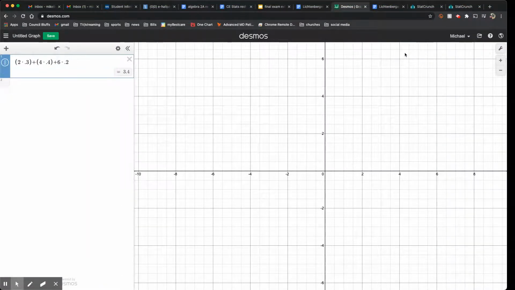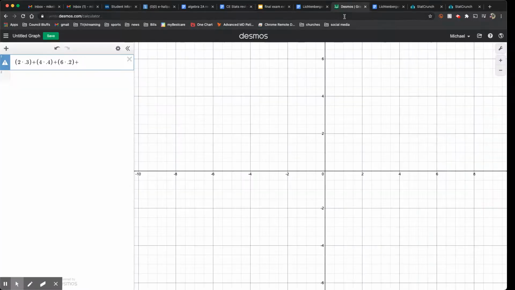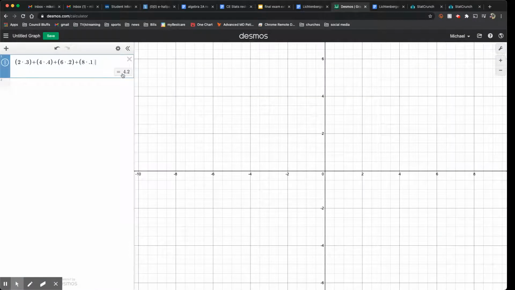And then the last one, 8 times 0.1. Okay. So to answer the question, find the mean or the expected value of the given probability distribution. The answer is 4.2.